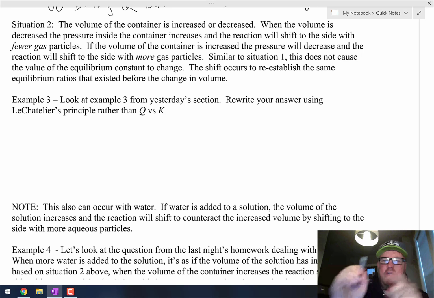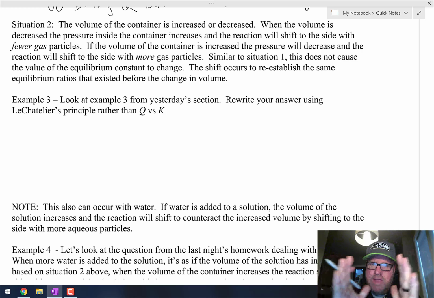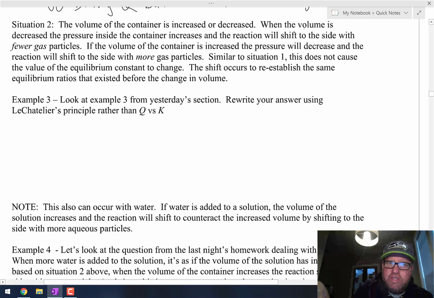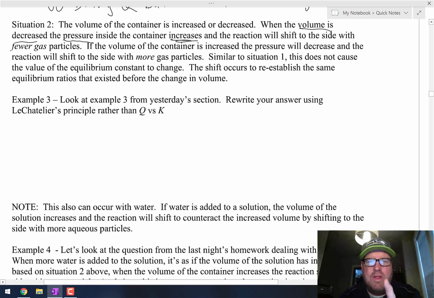If the volume is decreased, so you make the container smaller, what happens? The pressure increases. And when that happens, the reaction has to shift to the side with fewer gas particles.